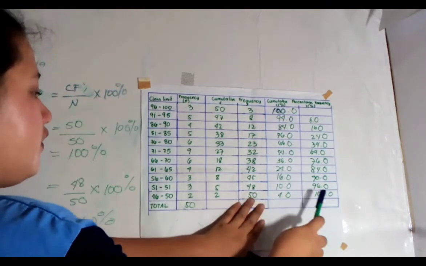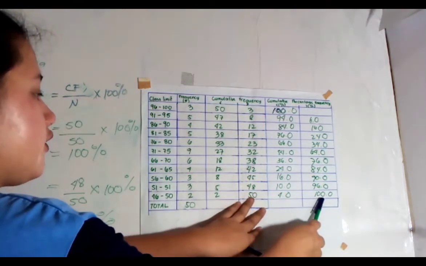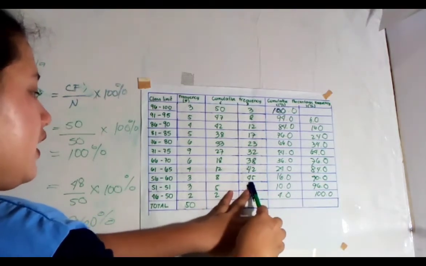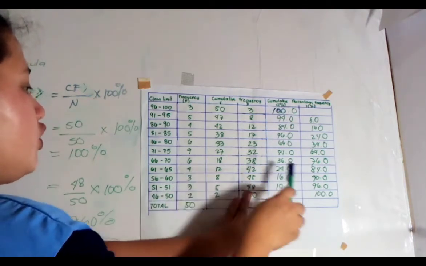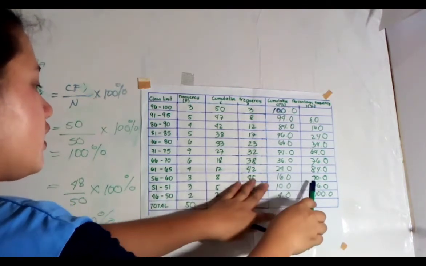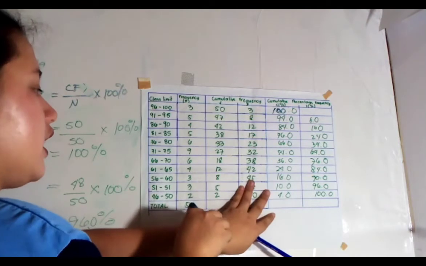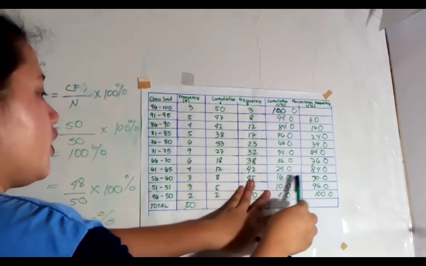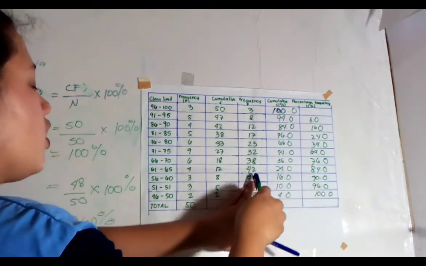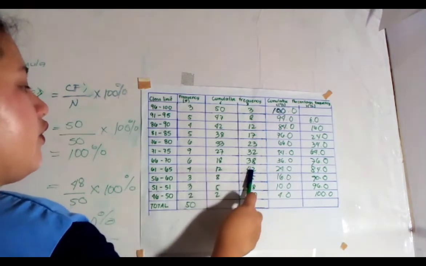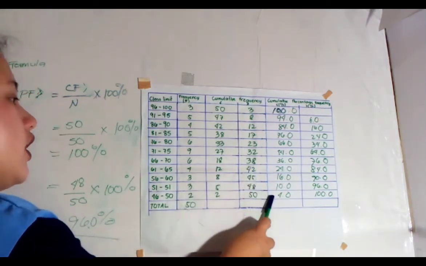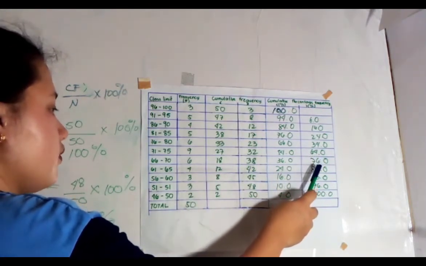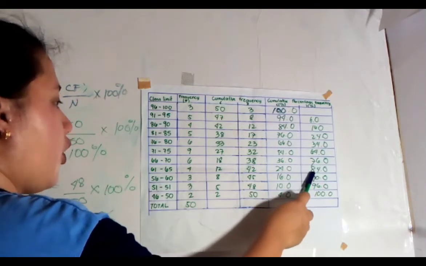50 divided by 50 times 100 is equal to 100. 48 divided by 50 times 100 is equal to 96. 45 divided by 50 times 100% is equal to 90.0. 42 divided by 50 times 100 is equal to 84.